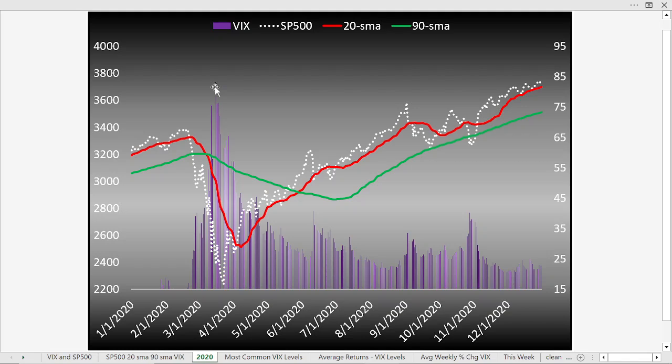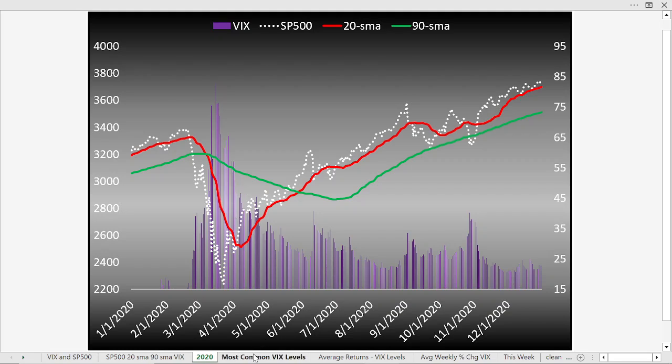That's a very unusual point. Usually readings above 40, 50, or even 60 are considered to be very oversold for the stock market. An 80 level is extremely rare, which is what happened in 2020. And we can see obviously the red line, the 20 simple moving average, crossed sharply below the green, the 90 simple moving average.